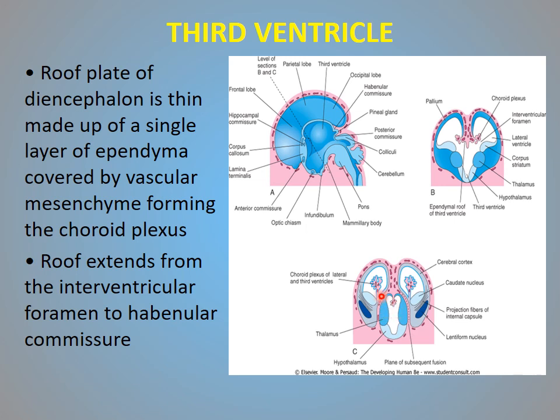And now you can see here that, because of the closure of the midline union of the cerebral hemispheres, the cavity of the lateral ventricles is separated from the cavity of the third ventricle, and the choroid plexus develops in the roof, and it extends from the interventricular foramina to the habenular commissure. So this is the roof of the third ventricle, which extends from the interventricular foramina to the habenular commissure.